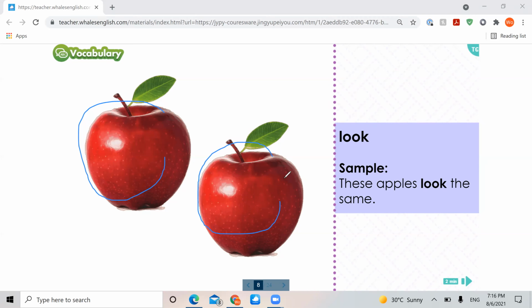That's correct. Two apples. What do they look like? They do look yummy, but they also look the same. Great. Can you show me two things that look the same? Great.